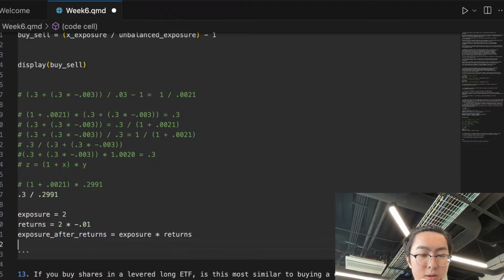I think we just need to multiply. Take the value and, let's just see if, we could take exposure divided by value. It's something like.